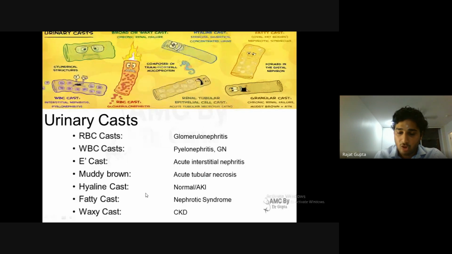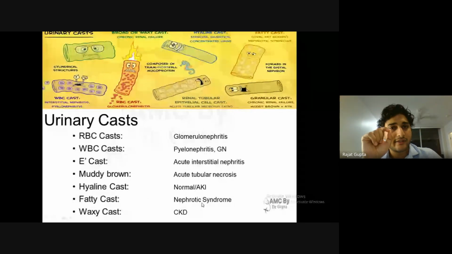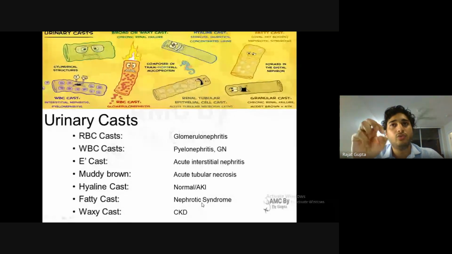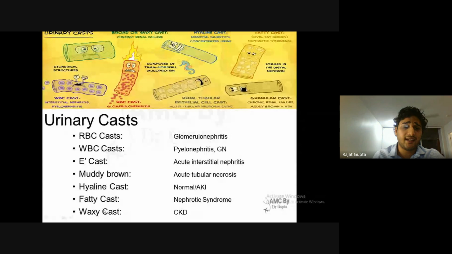Hyaline cast can be normal or in AKI as well. Fatty cast can be seen in nephrotic syndrome, because when we are losing so many proteins, we also lose proteins that are bound to lipids. So there is hyperlipidemia that can cause fatty cast. So fatty cast, nephrotic syndrome. And when there is CKD, the kidneys are gone, there is wax.